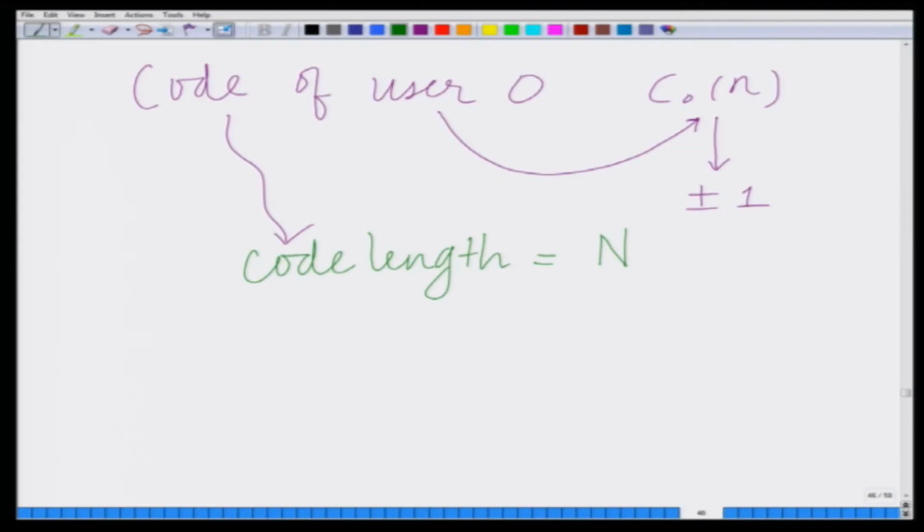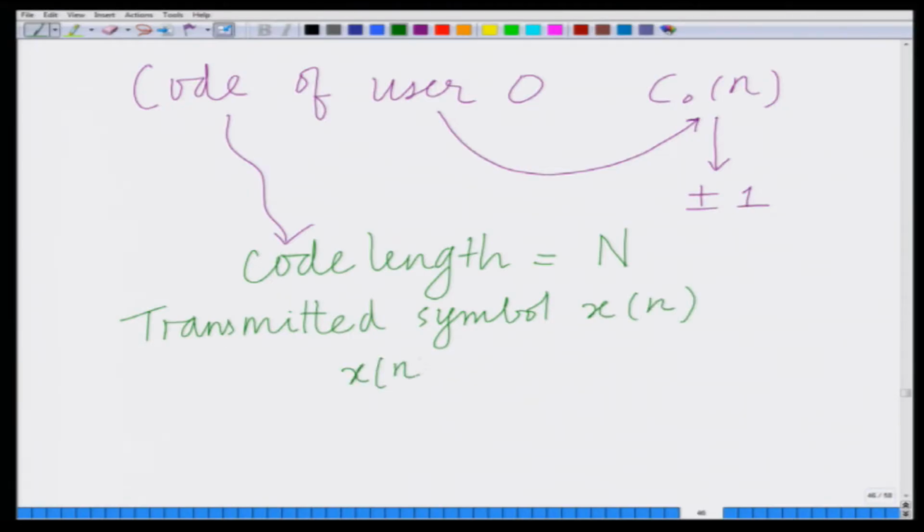Alright. Now, let us look at the bit error rate performance of this system. Now, we know that the transmitted symbol xn is given as xn equals A0 times C0 of n, that is, the symbol multiplied with the code.